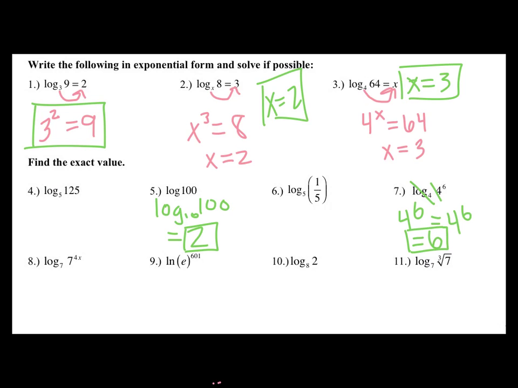So number 9, again, your natural log and your e cancel out and you're left with 601. Anytime you guys see a natural log and e in the same problem, they're inverses. So anytime that happens, you guys can cancel them out. They undo each other.